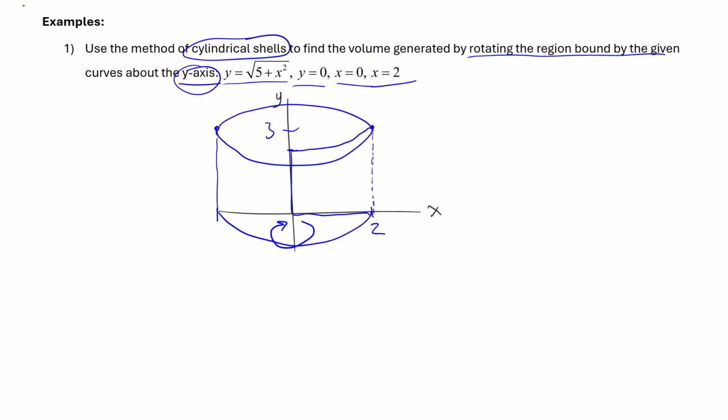But imagine the outermost shell, having a thickness to it, right where the full region is. I'm going to draw in a thickness to this outermost cylindrical shell. Now, inside that cylindrical shell would be a smaller radius one.